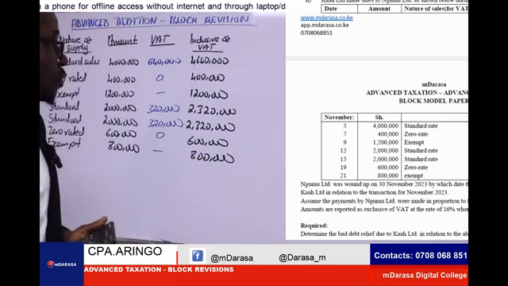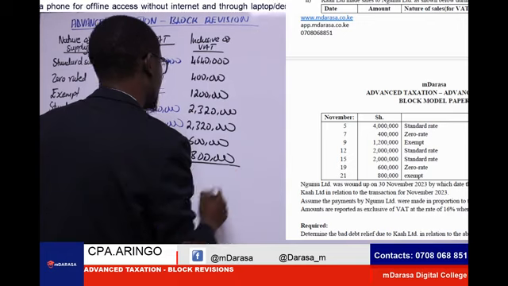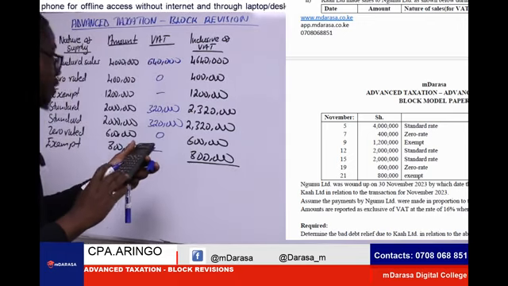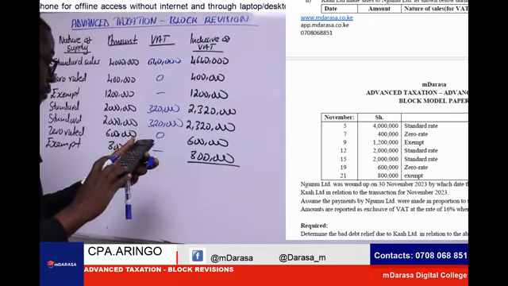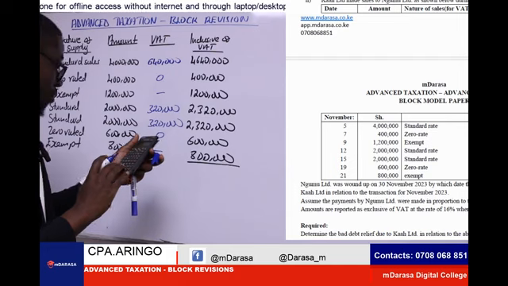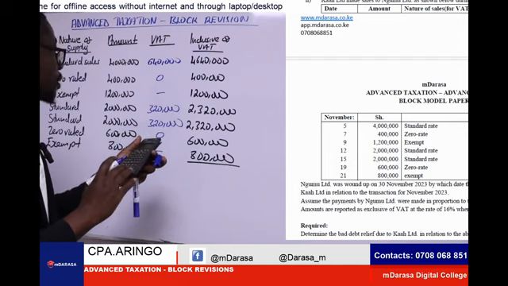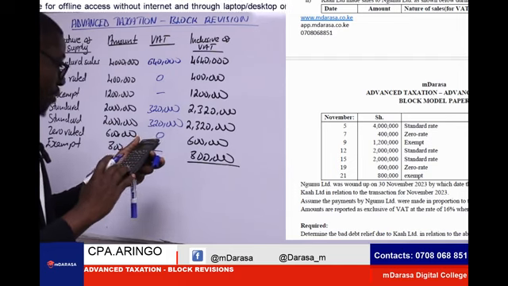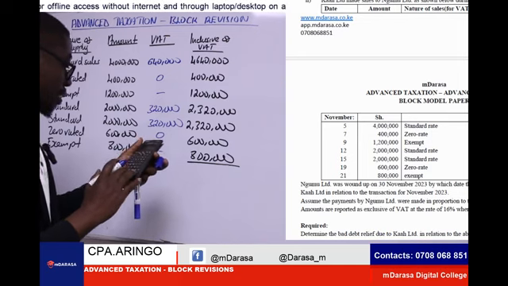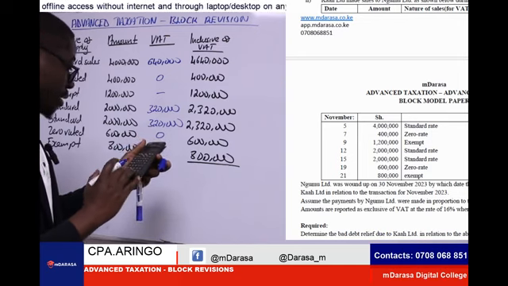The total value, right? If we sum this up, what will we be having? 4,640,000 plus 400,000 plus 1.2 plus 2,320,000 plus 2,320,000 plus 600,000 plus 800,000.